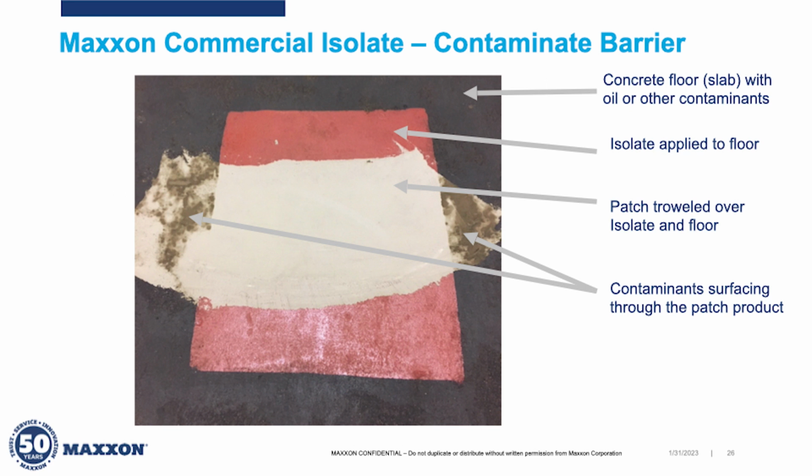So you can see how the oil absorbs up through the patch, but not in the treated area. So you see where isolate is, it's not allowing anything to come up through that patch and affect it. It's locking down the harmful contaminants from affecting what's above.